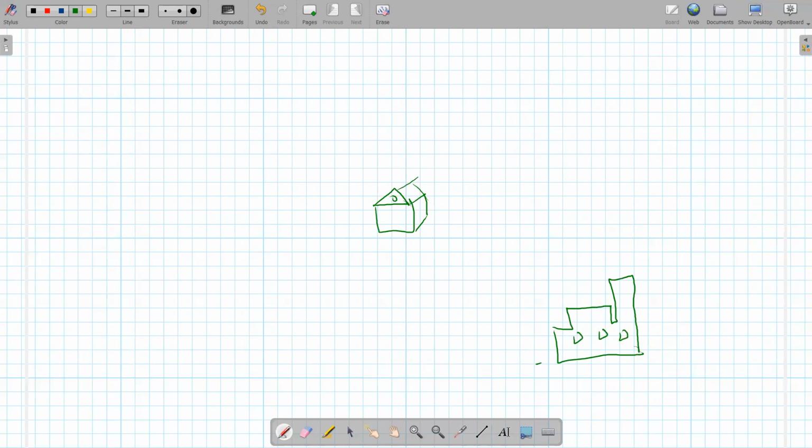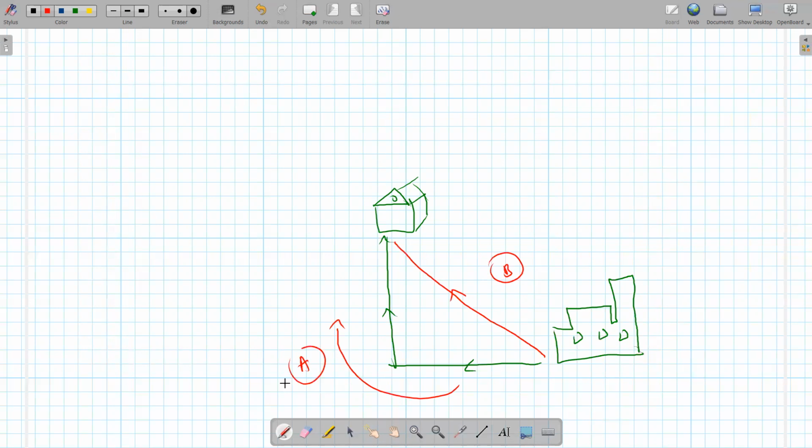You can either go this way and then go this way, like that. Or you can go this way. The first one, we will call route A, going this way, and the other one is route B. Which one do you take?